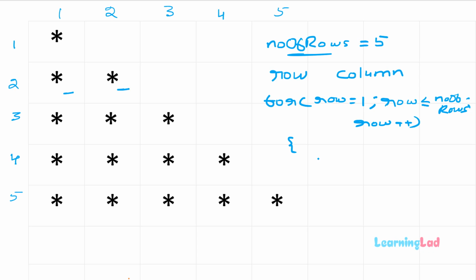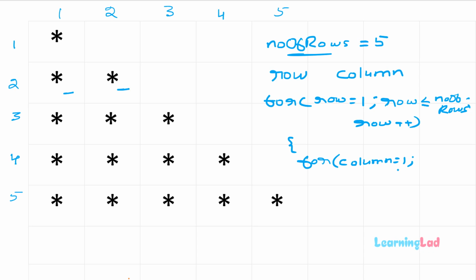Then after printing the second row we want to move on to the third row. Now we need another for loop for the columns. So here also for every row we need to start from the first column, and then we need to move on until we print all the required columns. So here the column value also will start from 1.